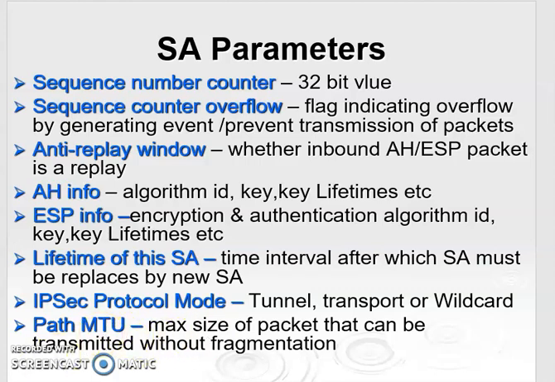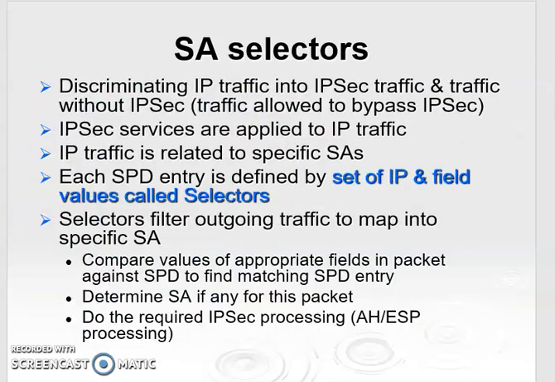Then next is how the security association selectors are being carried out. There are many things involved whenever the security association is selected, that is, discriminating the IP traffic into IPsec traffic and traffic without IPsec. So the traffic is allowed to bypass the IPsec packets.